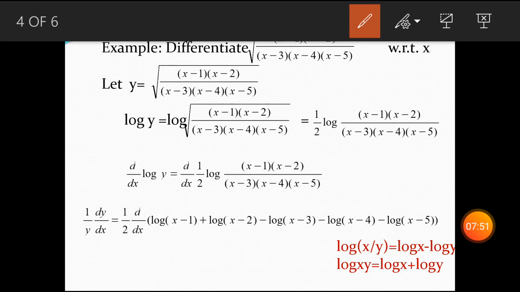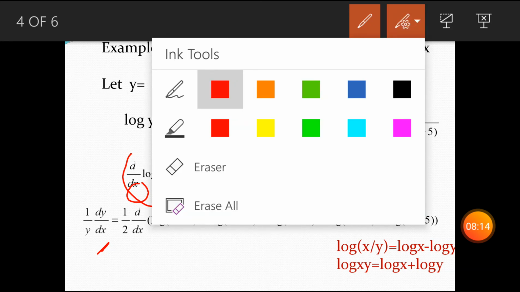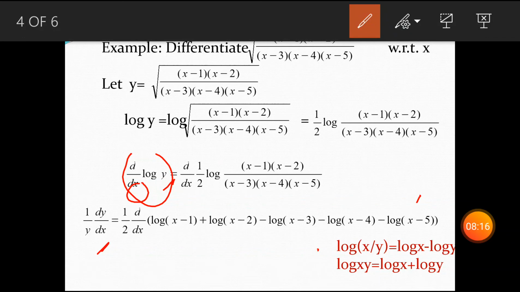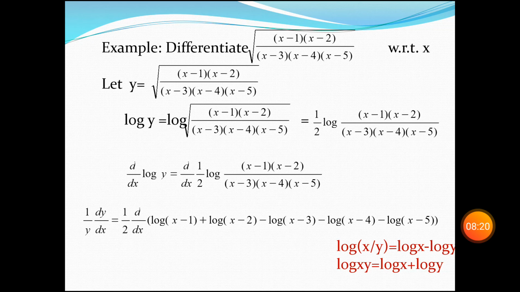So this will become log(x-1) plus log(x-2), minus log(x-3), minus log(x-4), minus log(x-5). And this is 1 upon y, and again we are differentiating with respect to x, and as this is y, we are going to use dy upon dx. Is it clear? Now you see the formulas that I am using, I wrote here, so you can see them. So what next? Very easy now.